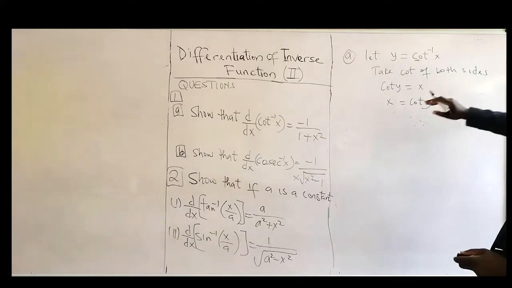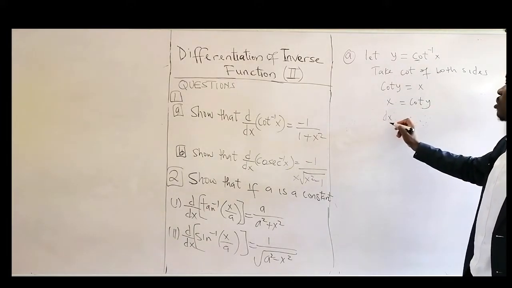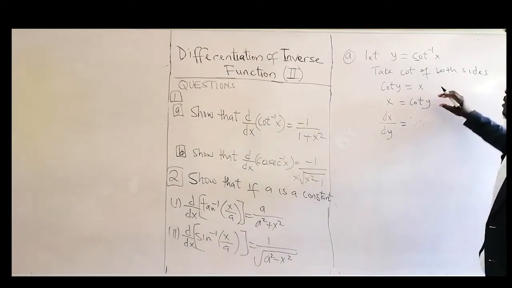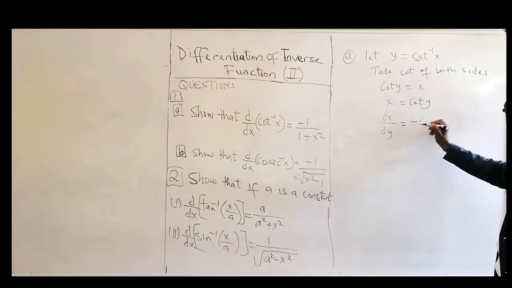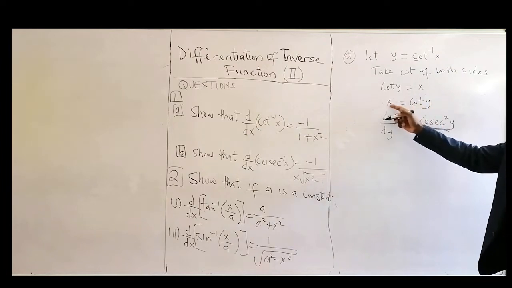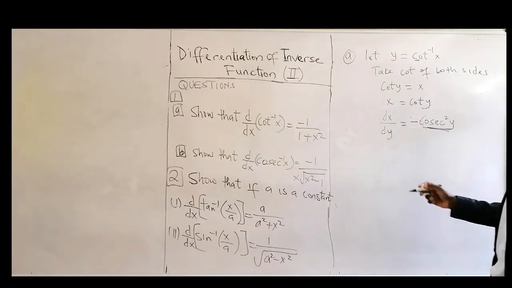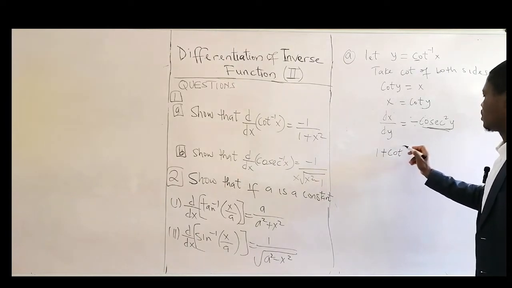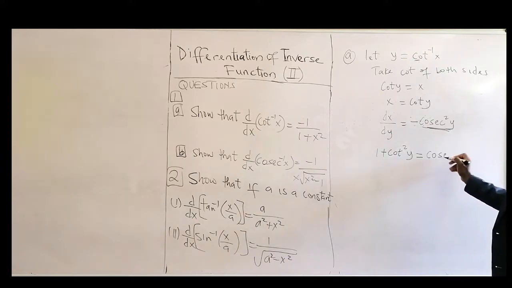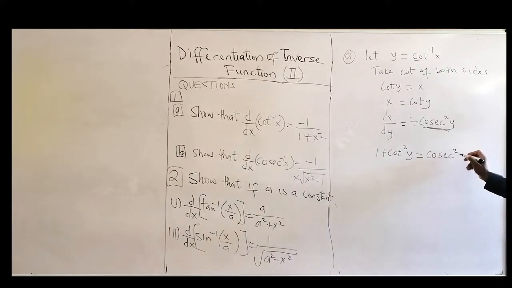If you take the derivative of cot, x is a function of y, so we can get dx/dy. The differential coefficient of cot y is minus cosec squared y. What we now do is turn this to cot, so that we can substitute. From the identity, we have 1 plus cot squared y is equal to cosec squared y.